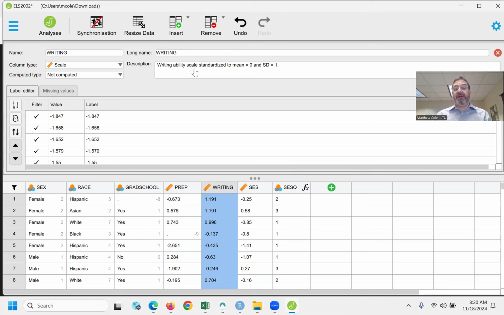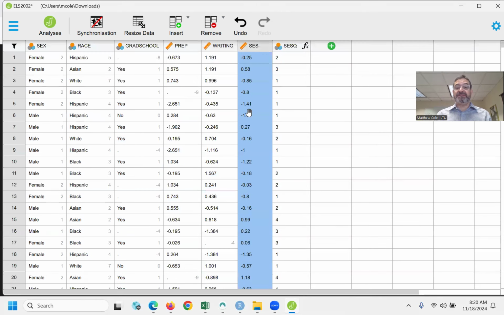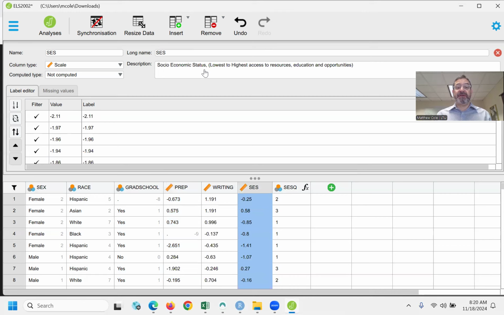Writing is a writing ability scale, and SES is socioeconomic status. Socioeconomic status is a measure of access to resources. Low socioeconomic status means low access to resources, education, and opportunities. High means high access.